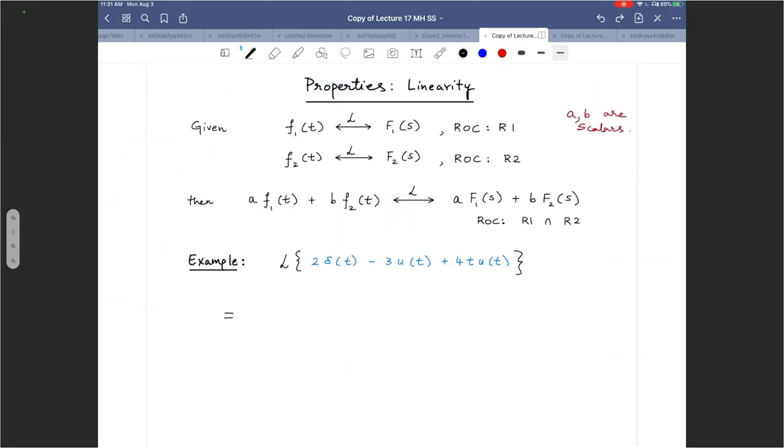All right, let's start talking about the properties of the Laplace transform. A lot of it is going to look similar to Fourier transform properties.